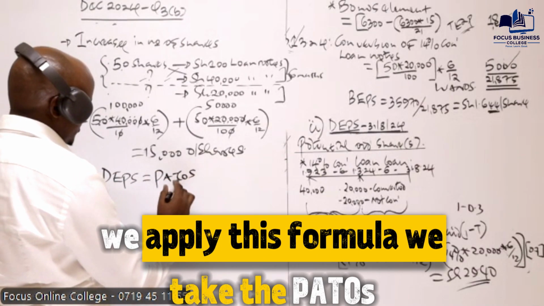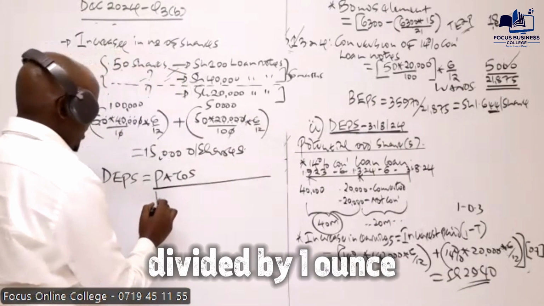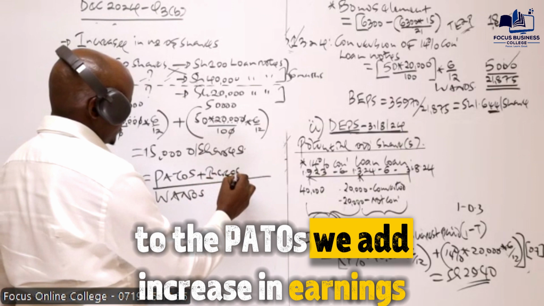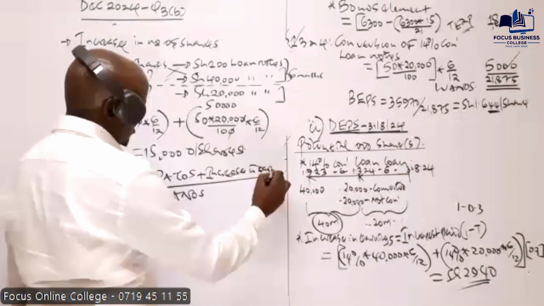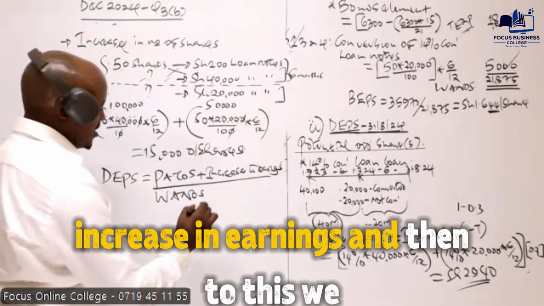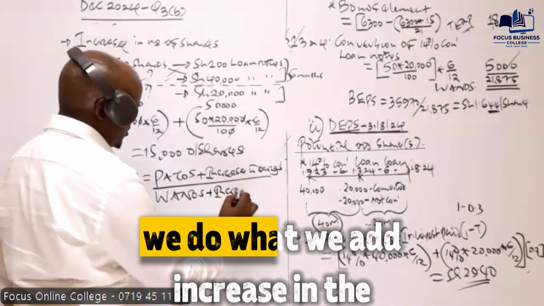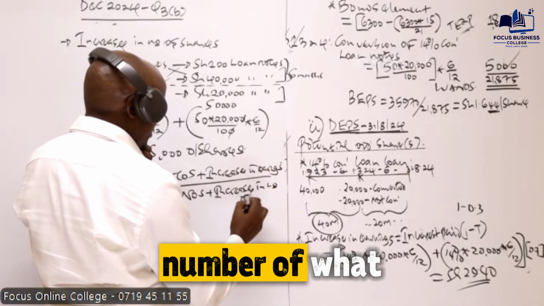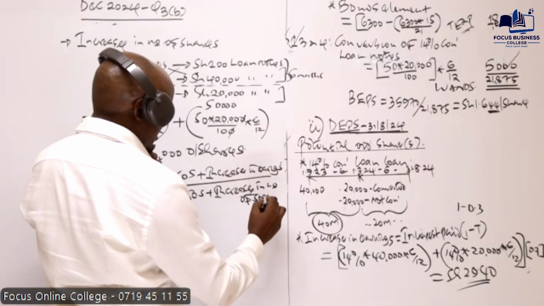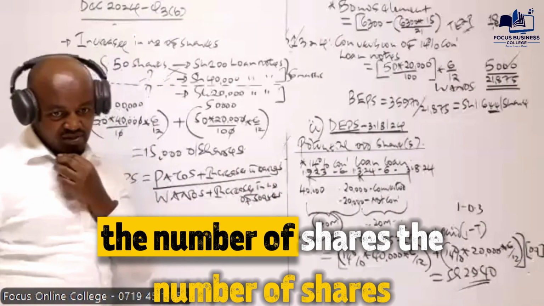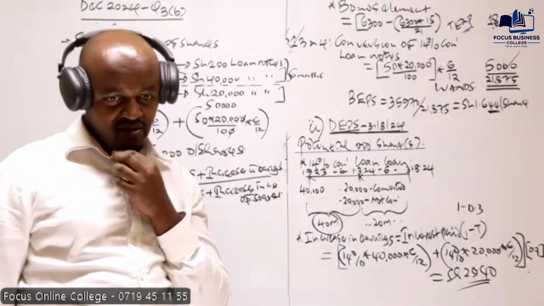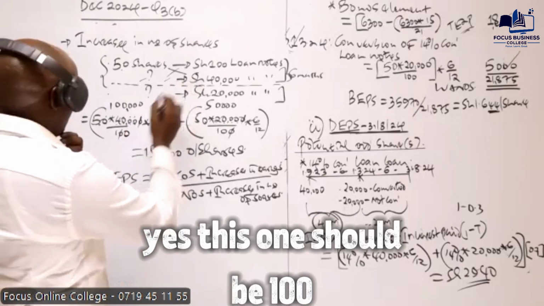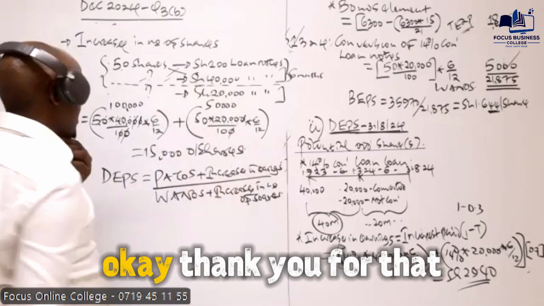We take the PATOS, to which we add the increase in earnings, divided by the weighted average number of shares, to which we add the increase in the number of shares. Okay, I'm told this one should be 100. Yes, this one should be 100. Thank you for that.